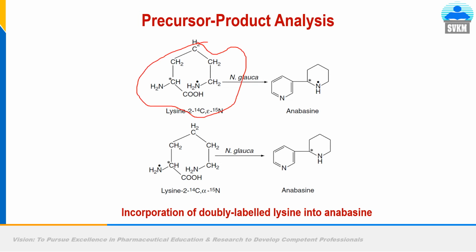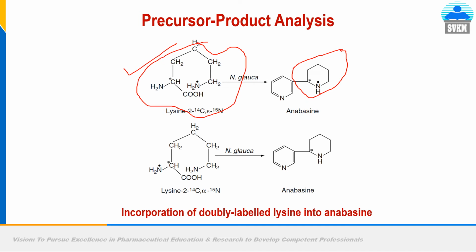It is the presumed or probable precursor for the formation of this ring of enabasine. So this is the precursor or the starting material, and this piperidine is the end product or the secondary metabolite.